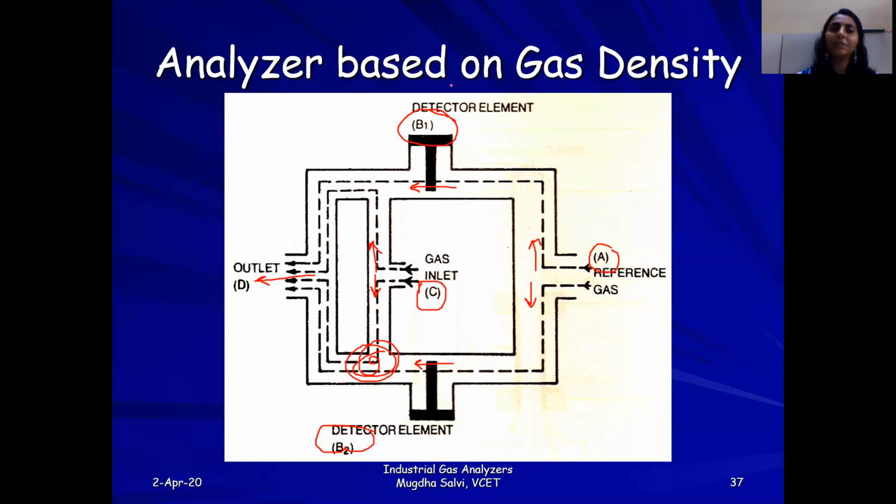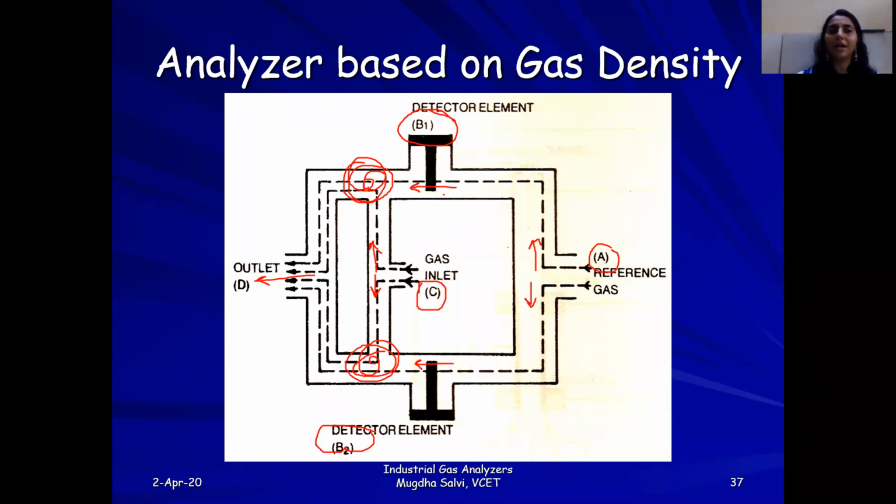Similarly, if this particular sample gas is lighter as compared to your reference gas, it will get accumulated in this portion and block it, or rather the flow will be a combination of the sample as well as reference gas. So here it will take time for the reference gas to pass over B1.